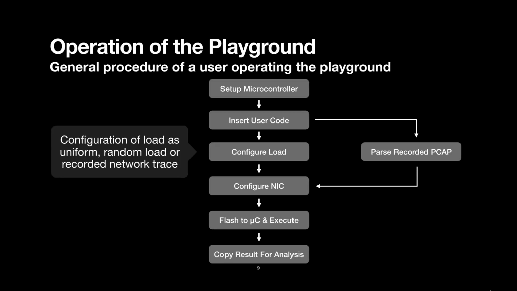This can either be a uniform load or a random load, or it can be a pre-recorded network trace. And this can then be parsed from PCAP. After that, the user can configure a network interface controller, a NIC, and flash it all to the microcontroller, execute, and then in the end copy the result for analysis.